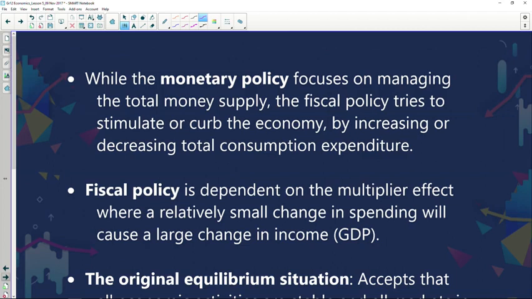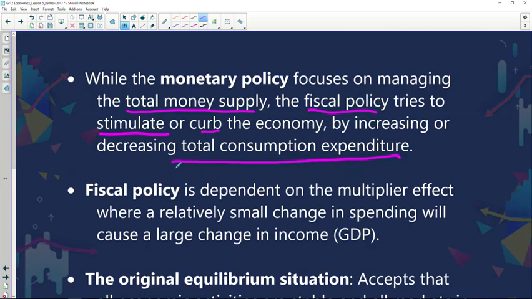While the monetary policy focuses on managing the total money supply, the fiscal policy tries to stimulate or curb the economy by increasing or decreasing total consumption expenditure.